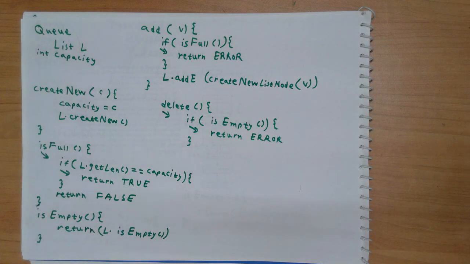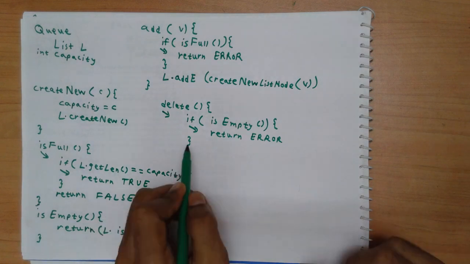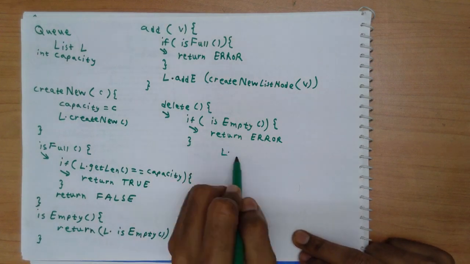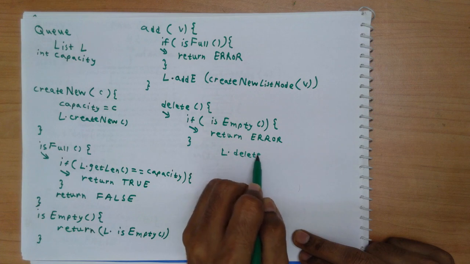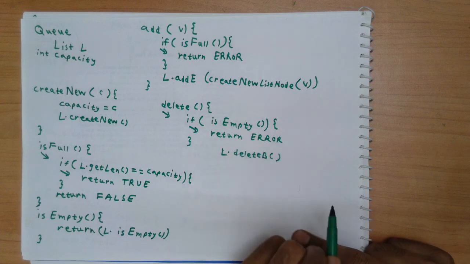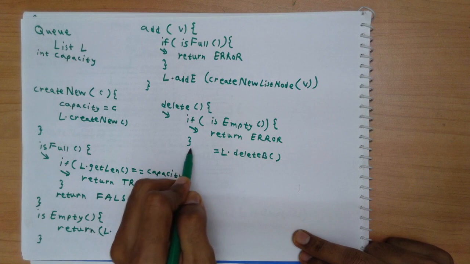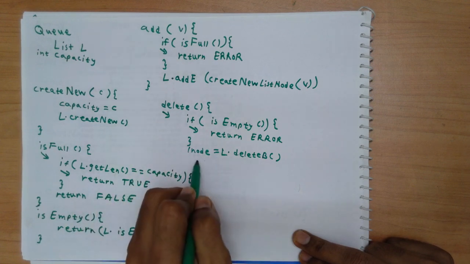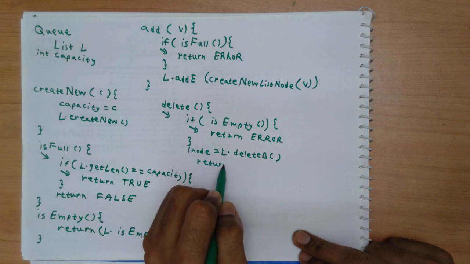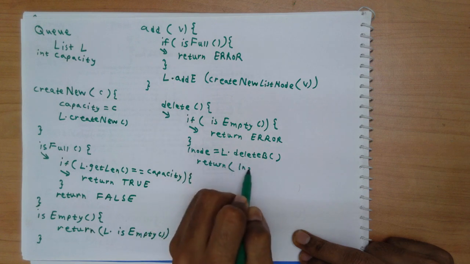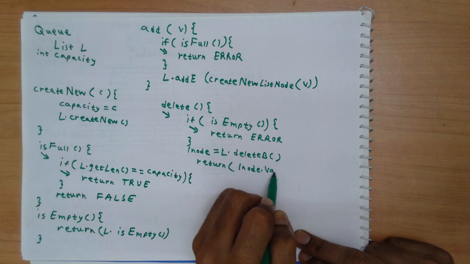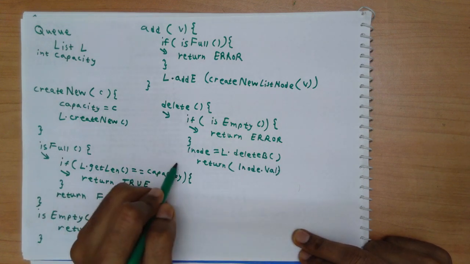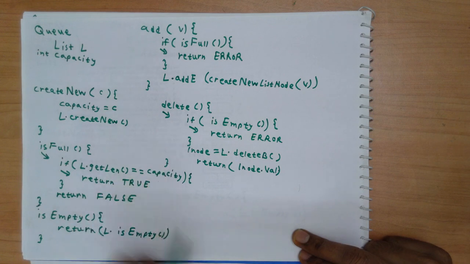So I will say L dot delete from the beginning, store that address in a variable say L node, and then what I need to return is this L node dot val, the value stored in that node. That's how my delete function would work.